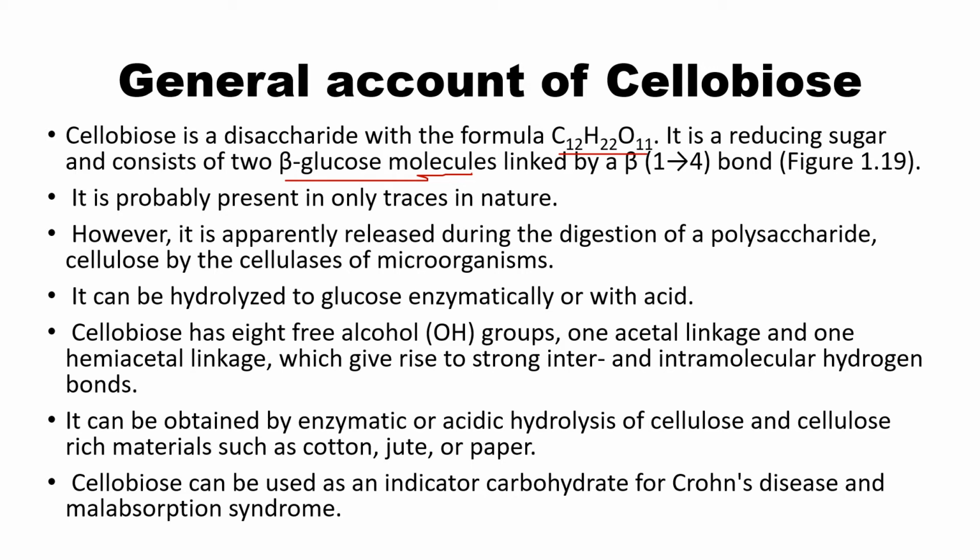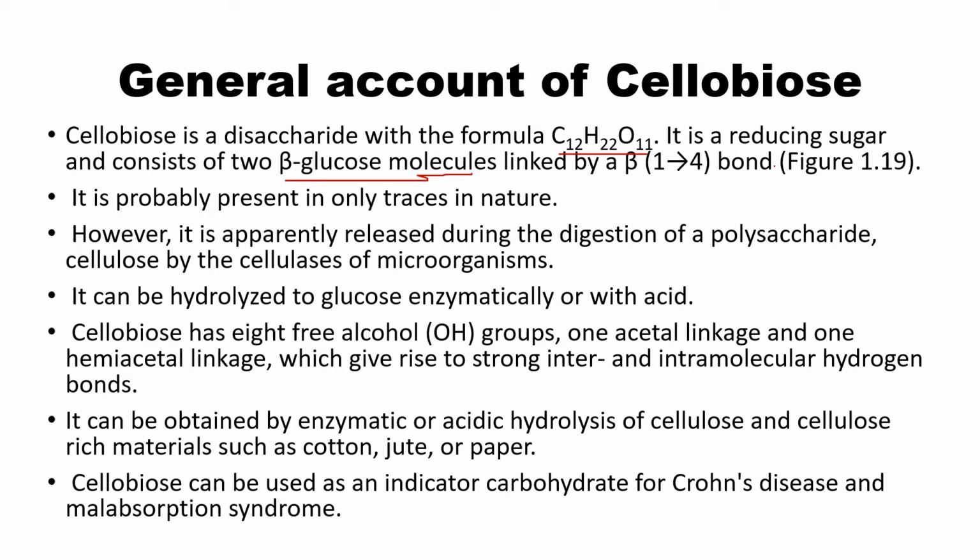Students, what do you mean by beta 1,4 bond? It means when we draw a ring structure, carbon number 1 of the first ring links with carbon number 4 of the second ring through a glycosidic bond. That is called beta 1,4 linkage.